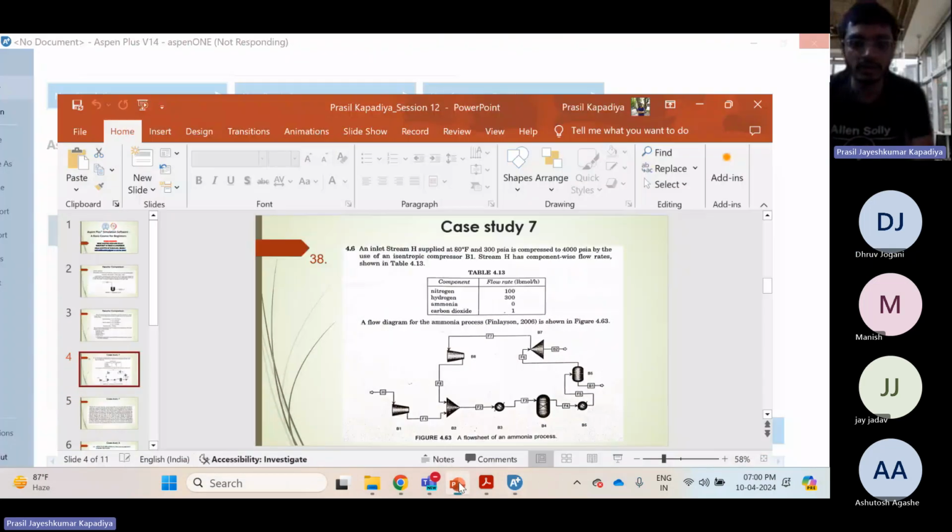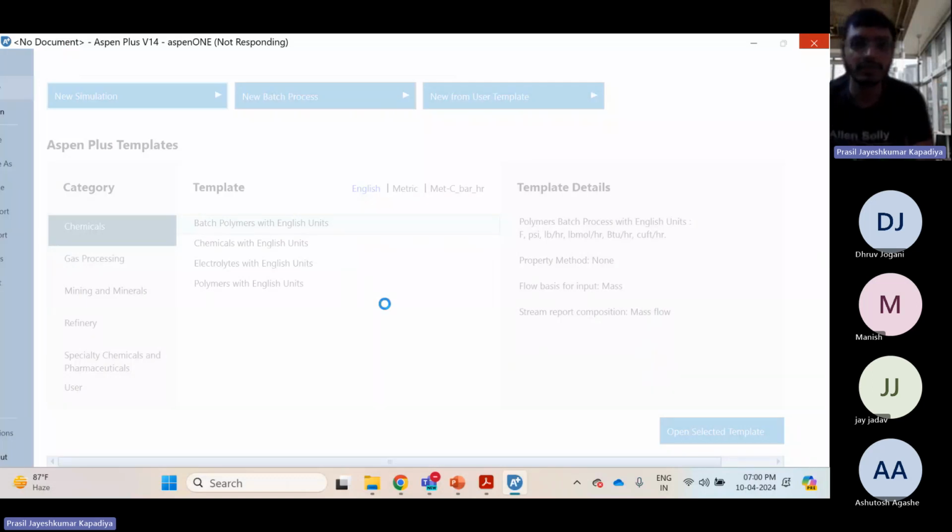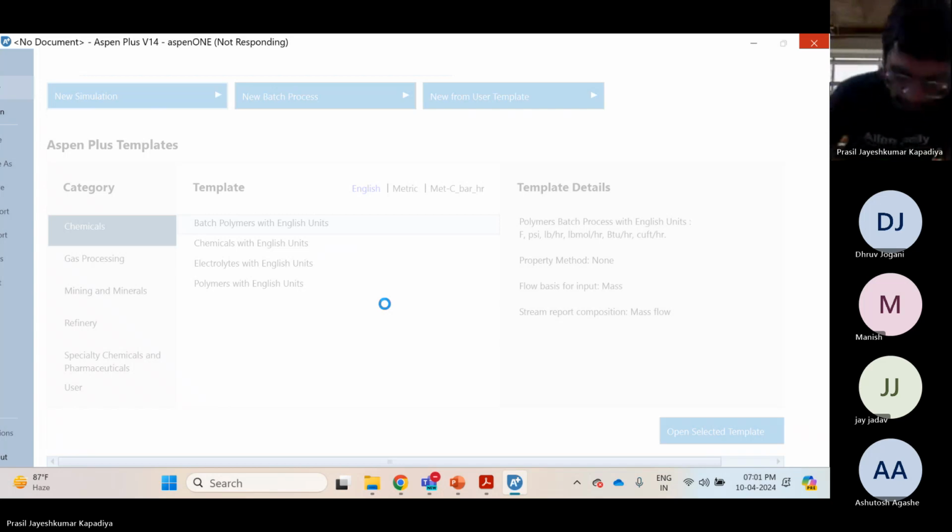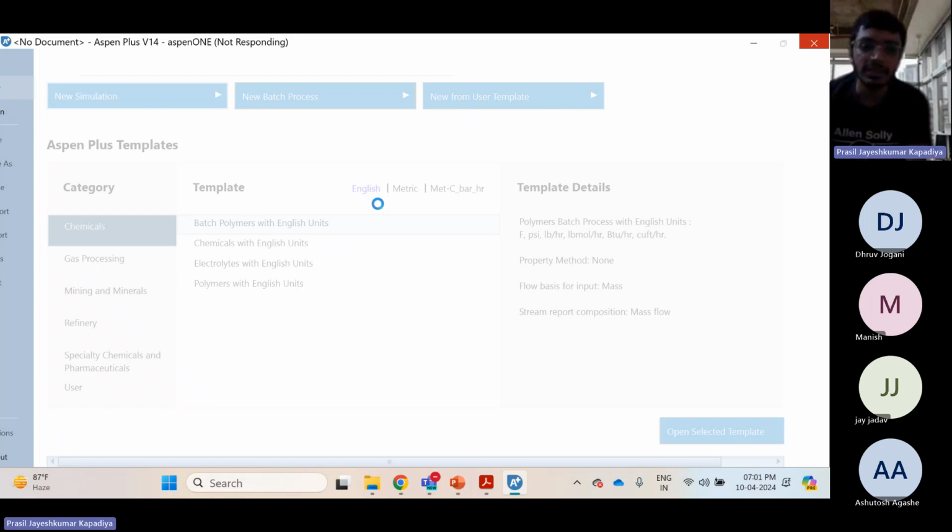Okay, let's first add components: nitrogen, hydrogen, ammonia, and carbon dioxide. Oh, it's taking time. Just wait for a minute. It's taking longer than usual.